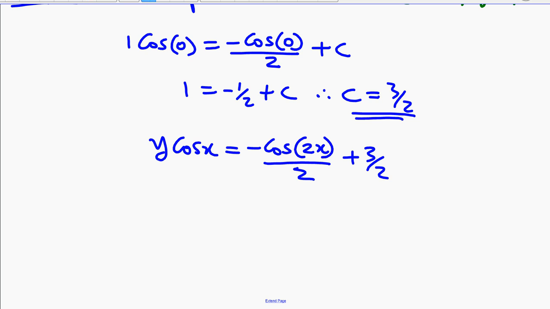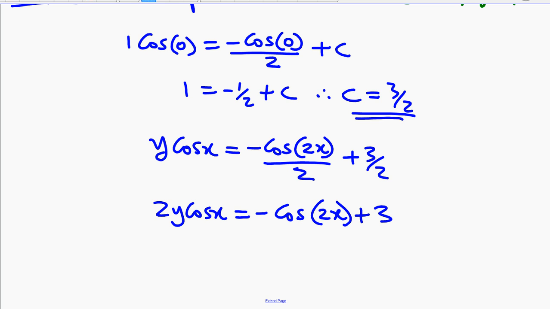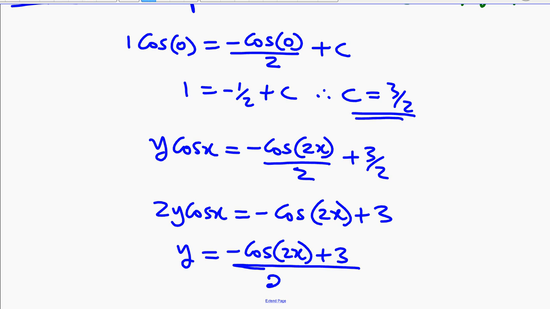You can make it more explicit by multiplying both sides by 2. We'll have 2y cos x will be equal to negative cos 2x plus 3, which means y will be equal to negative cos 2x plus 3 divided by 2 cos x. And that will be our final solution.